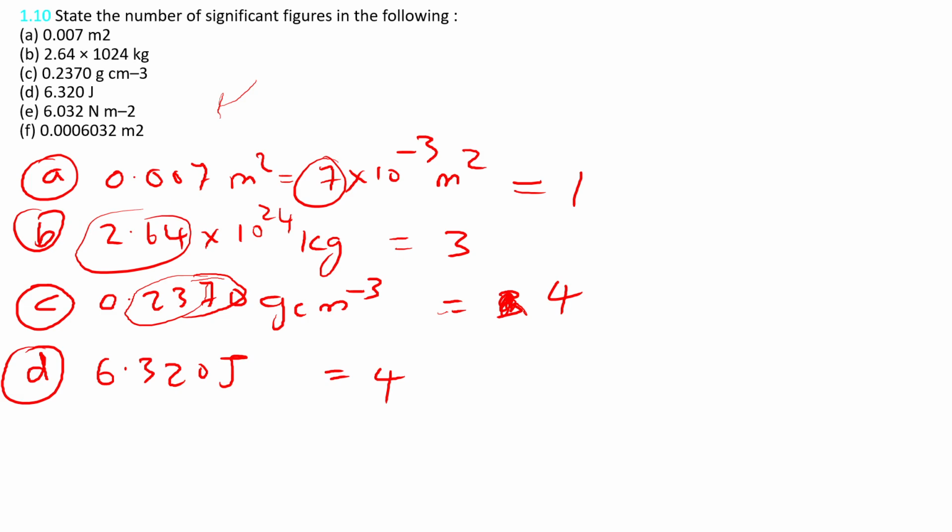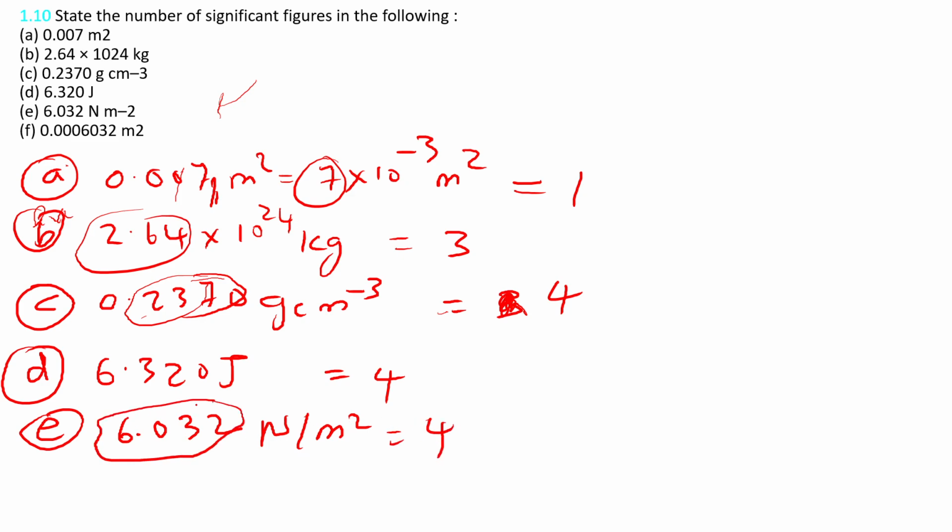And option E, 6.032 Newton per meter square. Again, the number of significant figures is 4, as we include all of these.